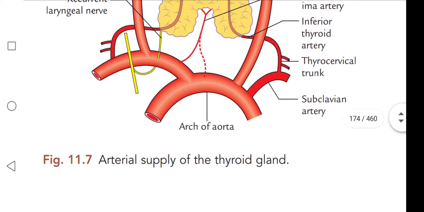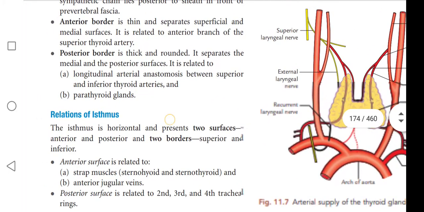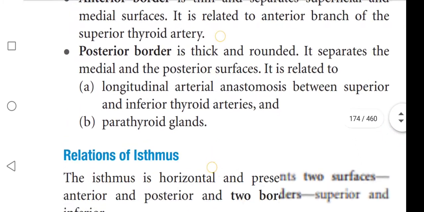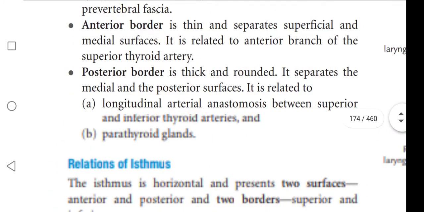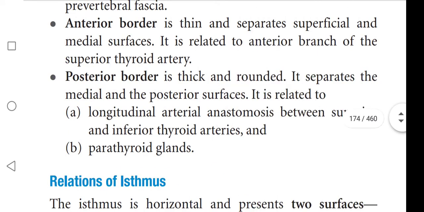This anterior thing, guys, we can't show here. You may remember it like this only. Posterior border is thick and rounded. It separates the medial and posterior surfaces.